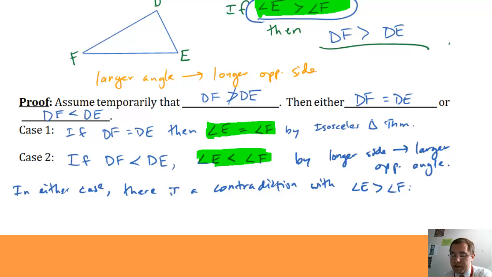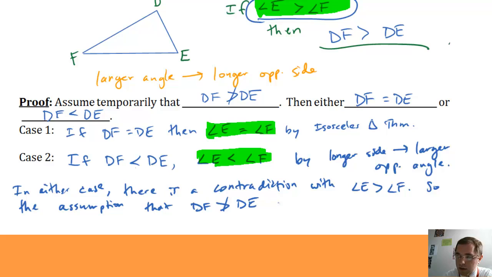Because it can't be the case that angle E is greater than angle F and either one of these two things happens. It's impossible. So the assumption that DF is not greater than DE must be false.